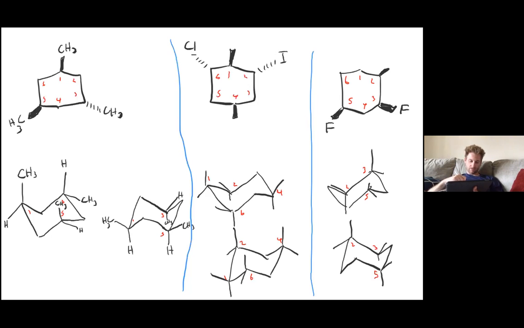In terms of stability, I've got 1 equatorial versus 2, and we've got 2 axials versus 1. So this one on the left has fewer equatorials, more axials, and this one has more equatorials, fewer axials. So this one should be our more stable.